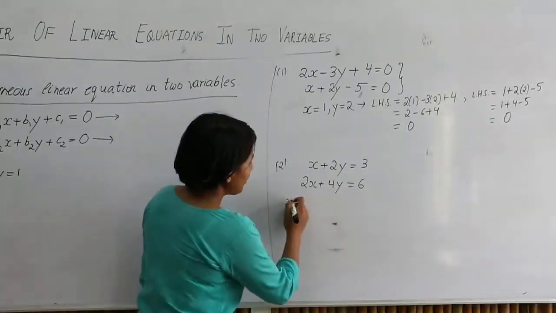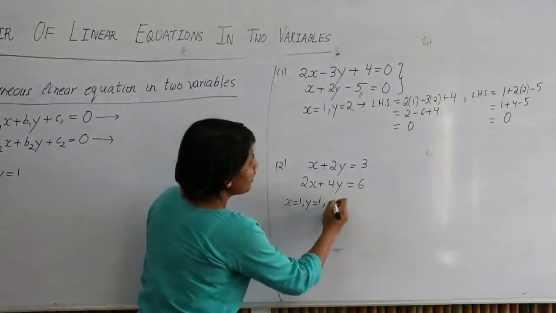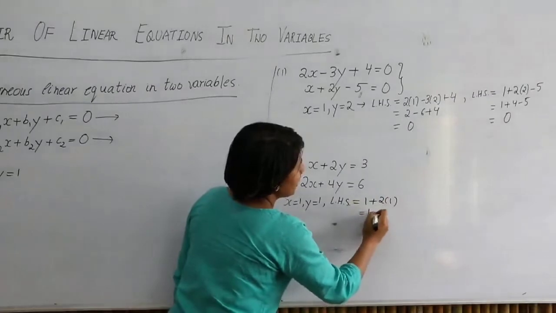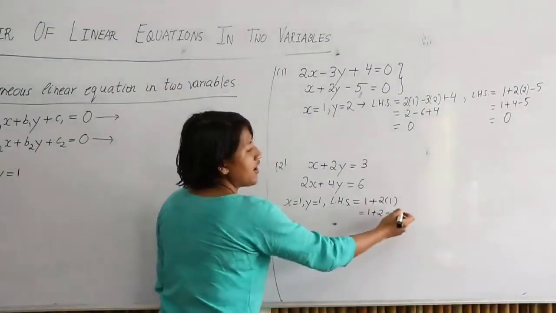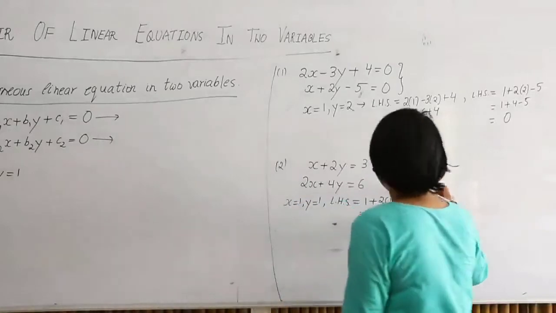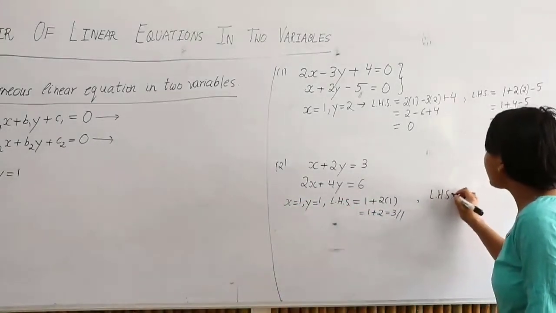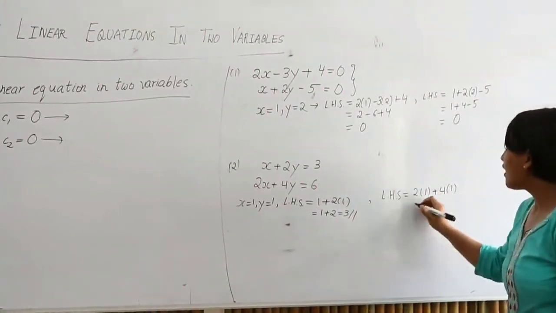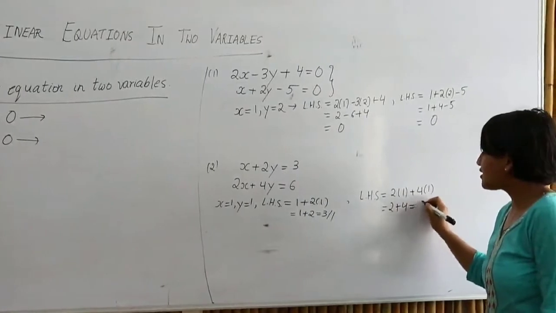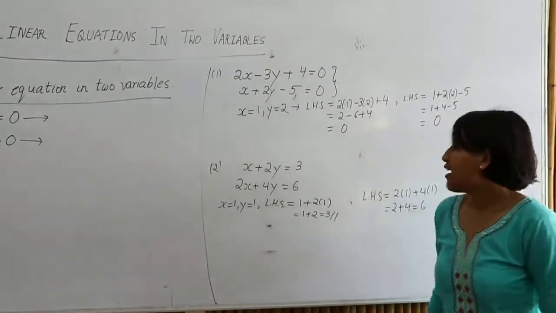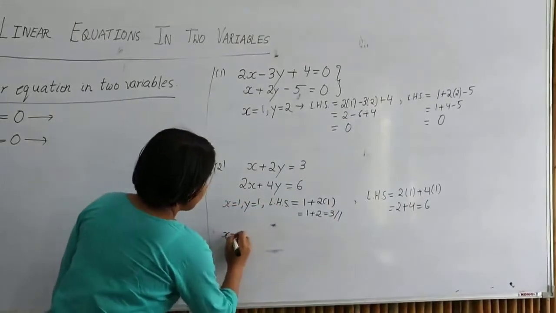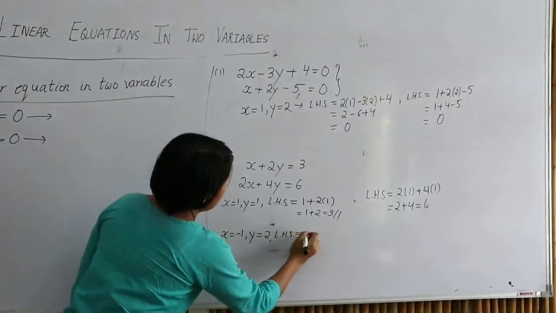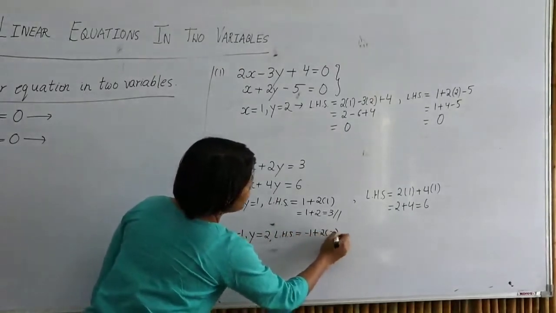For example, if I try x equal to 1 and y equal to 1, you will find that the left hand side will be 1 plus 2 into 1. I get 3, just like the right hand side. Now if I try for the second equation, 2 into 1 plus 4 into 1, I get 6, just like the right hand side. And then I will try x equal to minus 1, y equal to 2. What happens to the left hand side? It will be minus 1 plus 2 into 2.